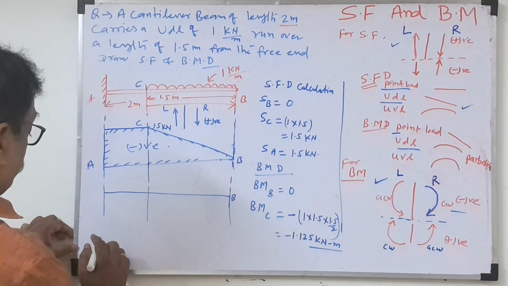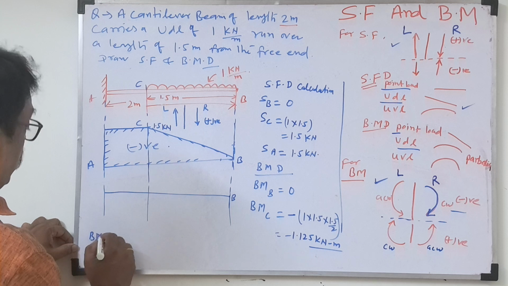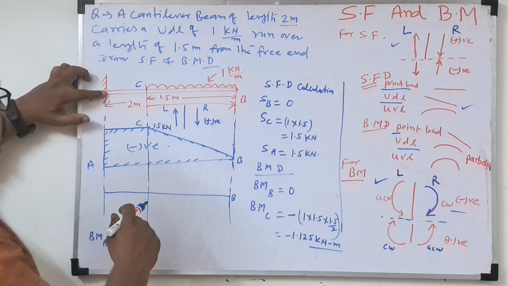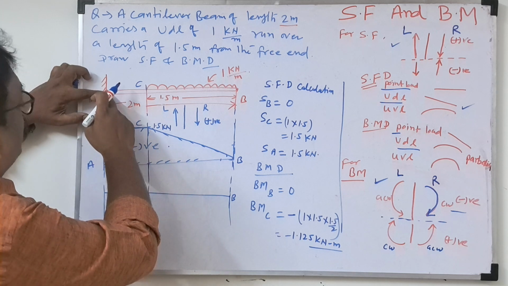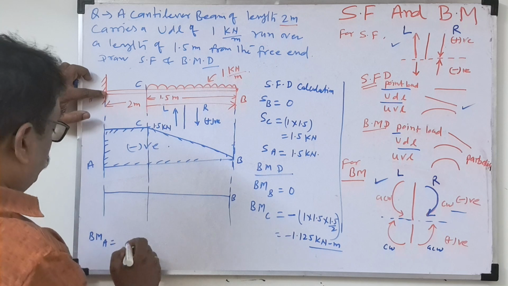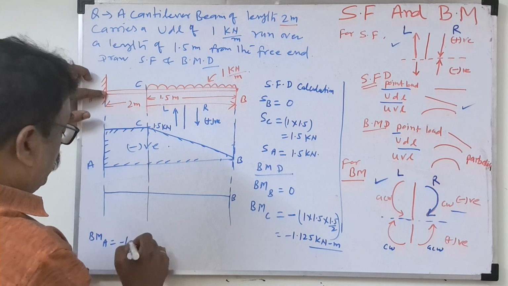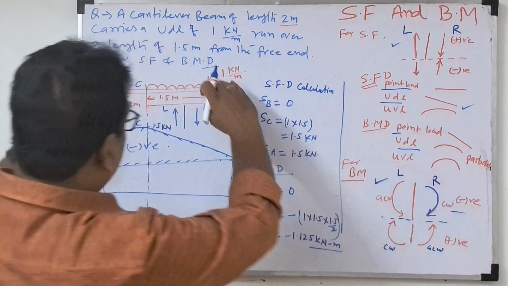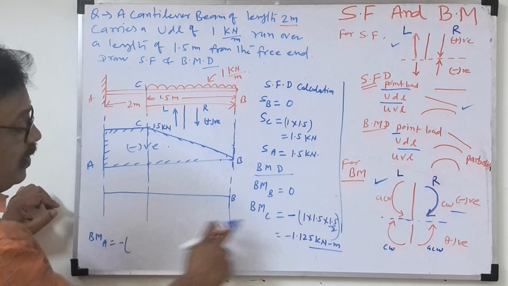So we'll see the bending moment at point A. Now look here, A is a fixed point. Taking the bending moment at A, the load will be there up to 1.5 meters. Negative, you take, because we are taking from the right side. So clockwise rotation, this is clockwise rotation, so negative.